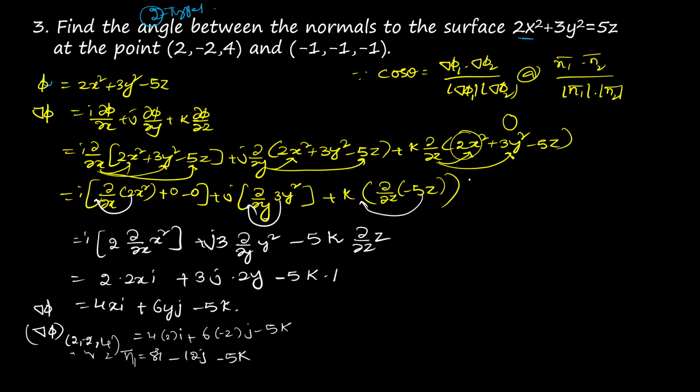Next again, normal vector to the surface at the point (minus 1, minus 1, minus 1).